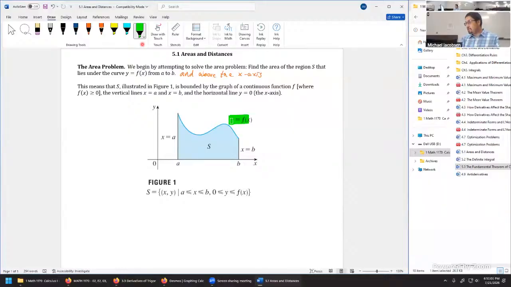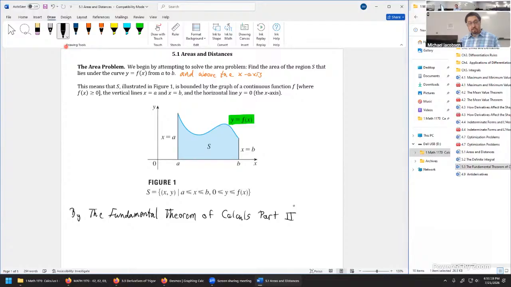So here is us using the fundamental theorem of calculus. There's two parts. So this is part 2, sometimes called the evaluation theorem. We evaluate and get an area.